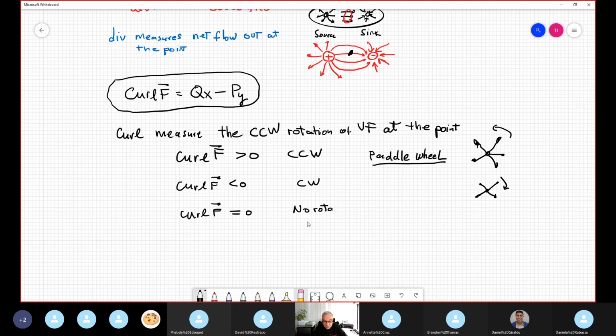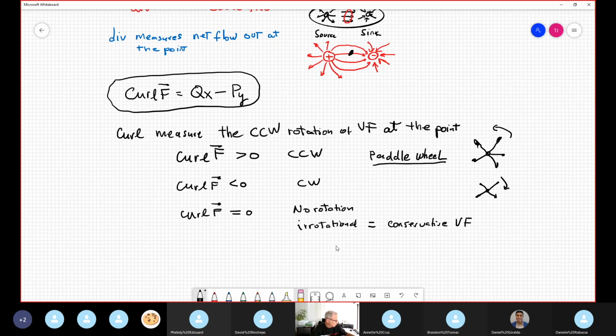No rotation. And this is important because the non-rotational vector field is the vector field that is irrotational, which is equivalent to saying conservative vector field. I will probably explain more clearly the idea of the conservative vector field.